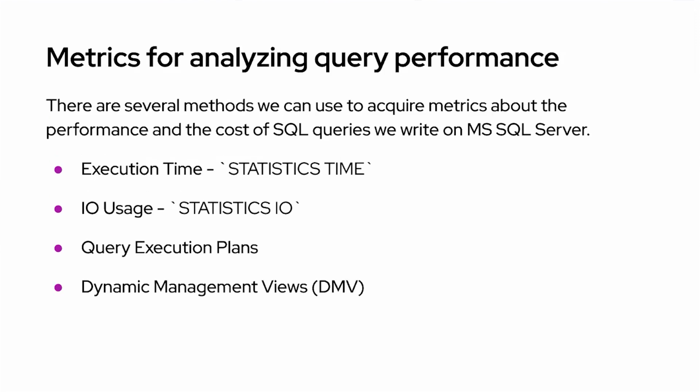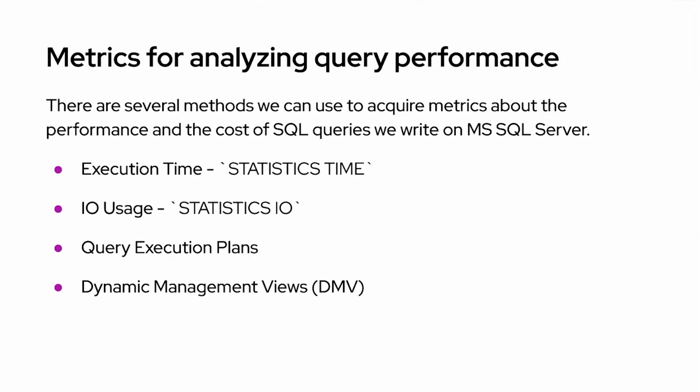Let's begin by looking at some metrics that we can use to analyze query performance. There are several methods we can use. These are some basic metrics on SQL Server.